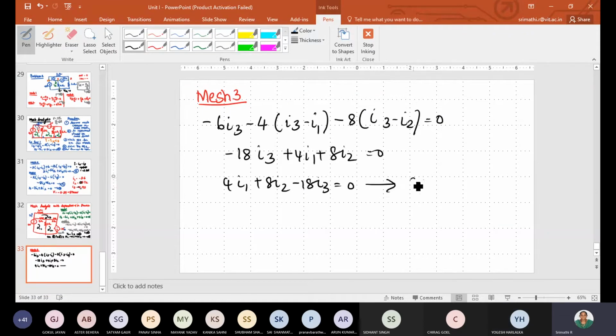Please solve and tell me the answers quickly. Should I show the equations 1, 2?